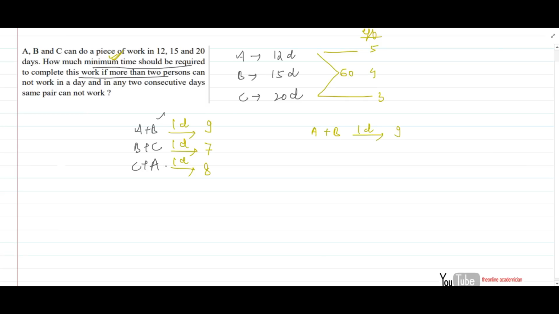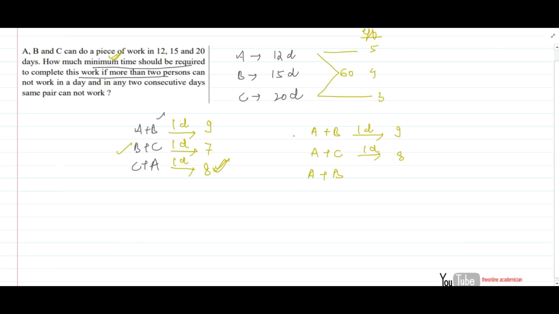Now we can work with C plus A, so A plus C in one day will do 8 work. And we do not need B plus C. What I am saying is we can write here A plus B again, because it is fulfilling the condition that not more than two persons work in a day, and also in any two consecutive days the same pair cannot work.